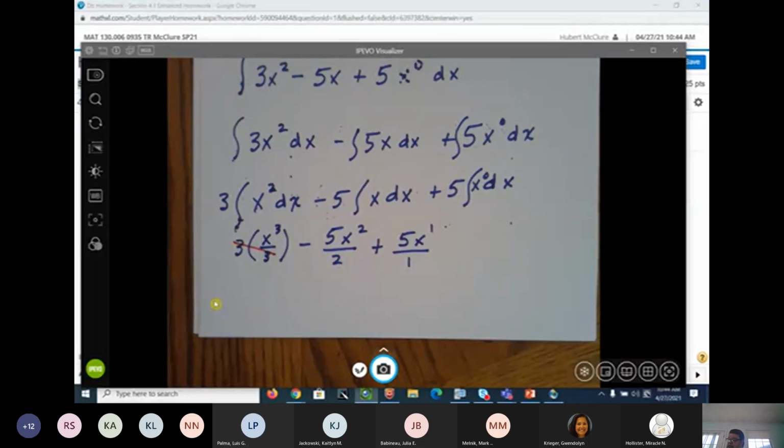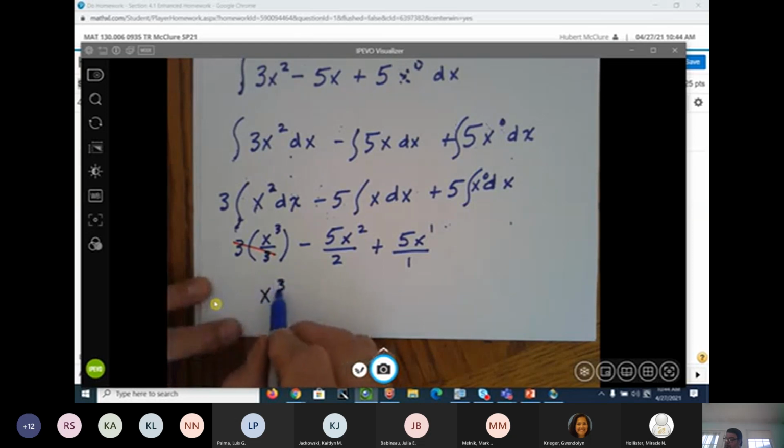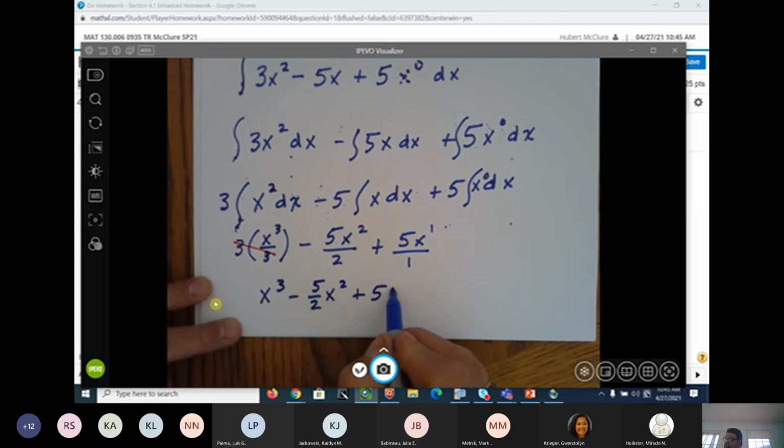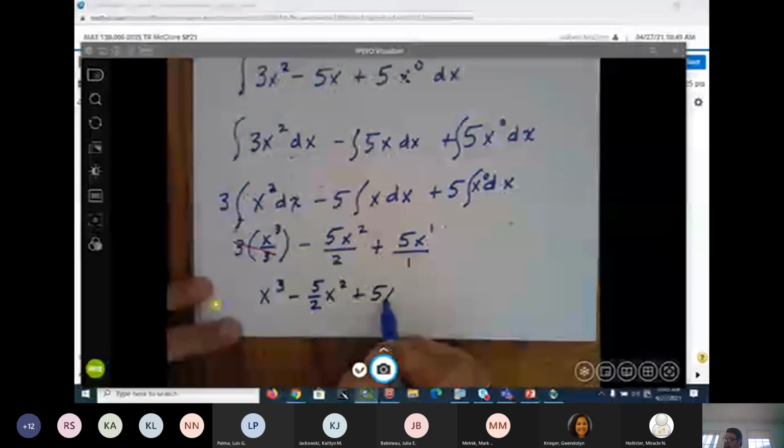And 3's cancel. And that leaves x to the 3rd minus 5 halves x squared plus 5x plus c.